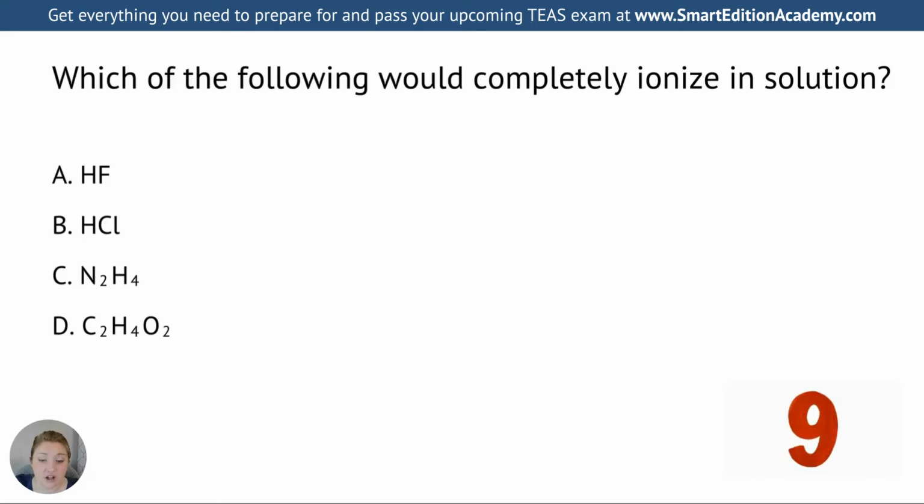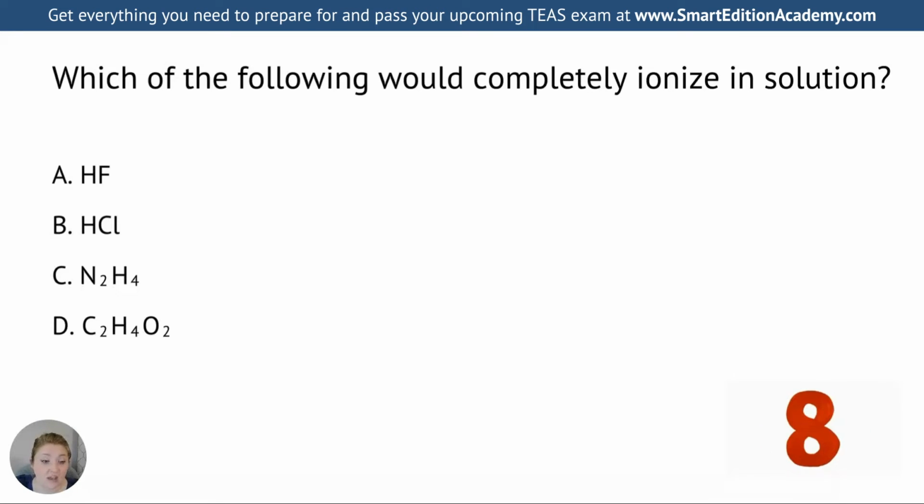Which of the following would completely ionize in a solution? From our question, completely, so we're looking for strong. Ionize, so we're looking for an acid. Strong acids completely ionize. So which of these would be a strong acid?